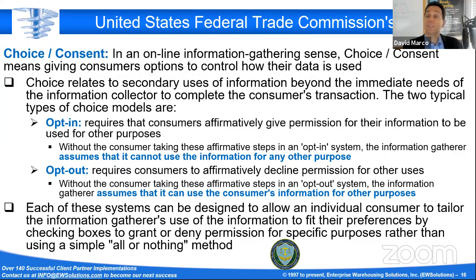An opt in system assumes that the collector of the data cannot use the information for any other purpose unless we as a consumer opt in. The second, opt out. This requires the consumer to affirmatively decline permission for other uses.